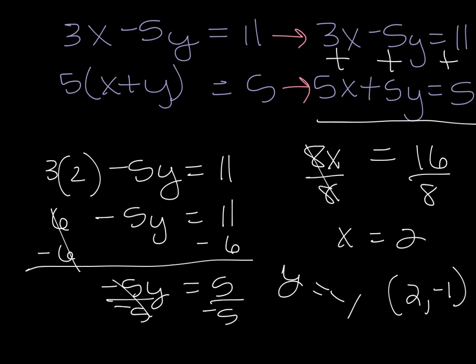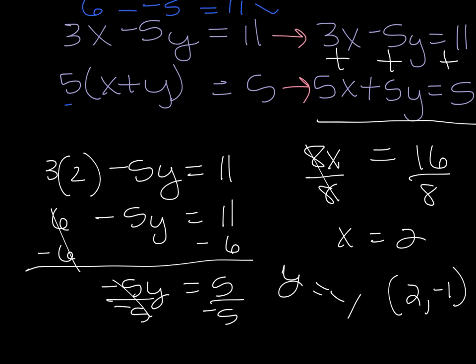And again, we're going to go back and check it just to make sure that it is (2, negative 1). So if I go back to the original equations, 3 times 2 is 6, minus 5 times negative 1 is negative 5. Is 6 minus negative 5 11? Yes.